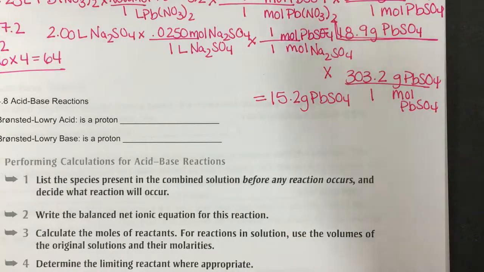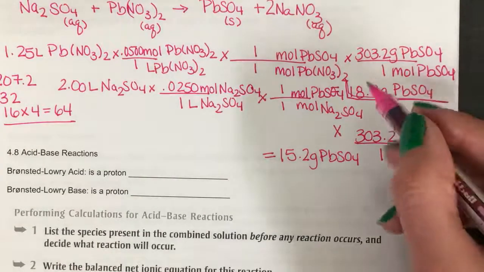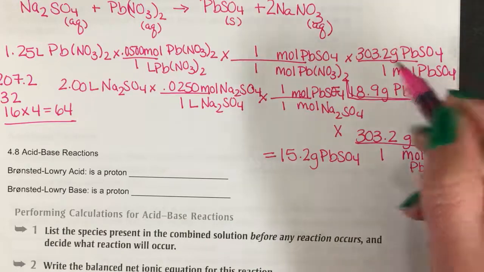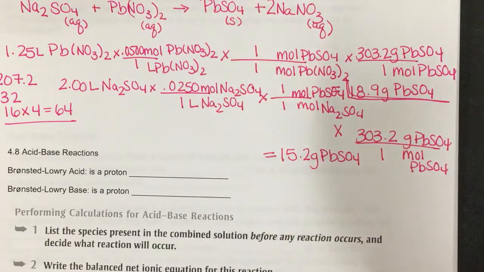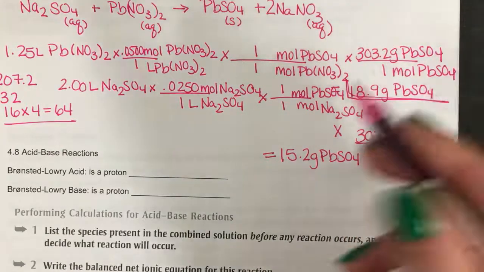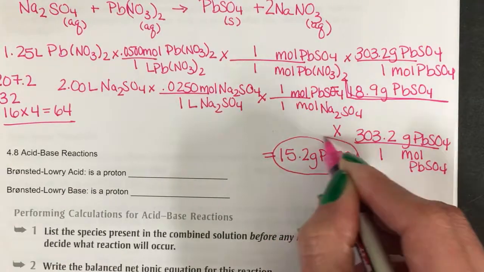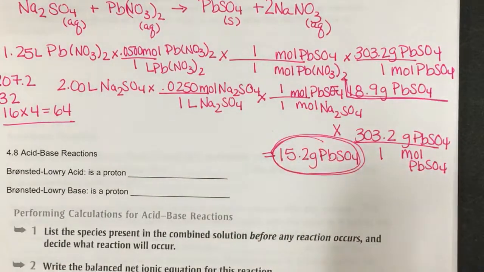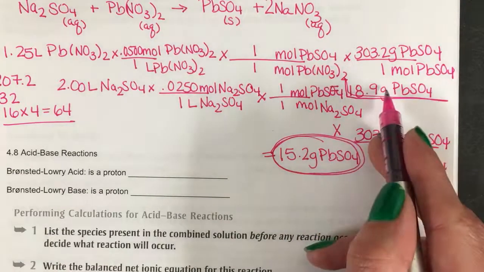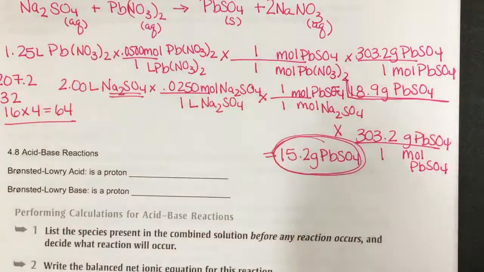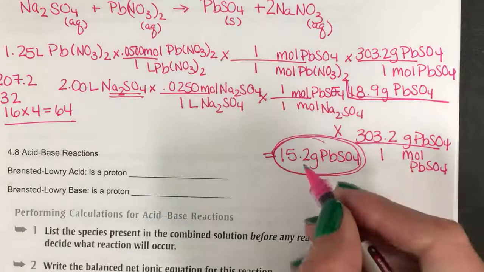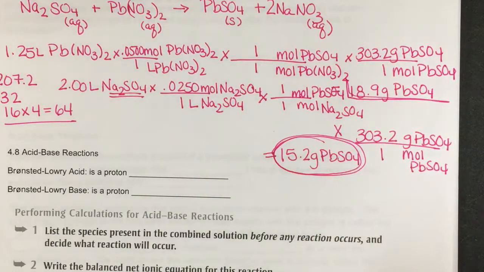Now, with my lead nitrate, I was able to make 18.9 grams. With my Na2SO4, I'm only able to make 15.2. Because 15.2 is smaller, I know Na2SO4 is my limiting reactant, so the maximum amount I can make is 15.2 grams. Okay?